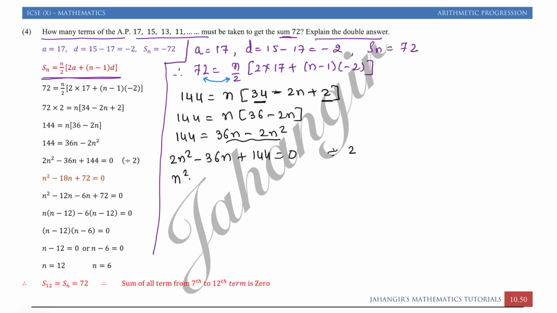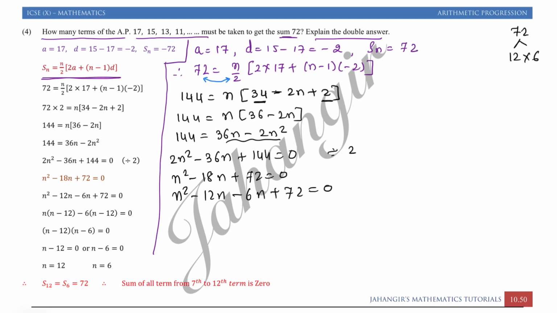So we will get n square minus 18n plus 72 is equal to 0. Now we are going to find the factors of 72. The factors of 72 are 12 into 6. So n square minus 12n minus 6n plus 72 is equal to 0.